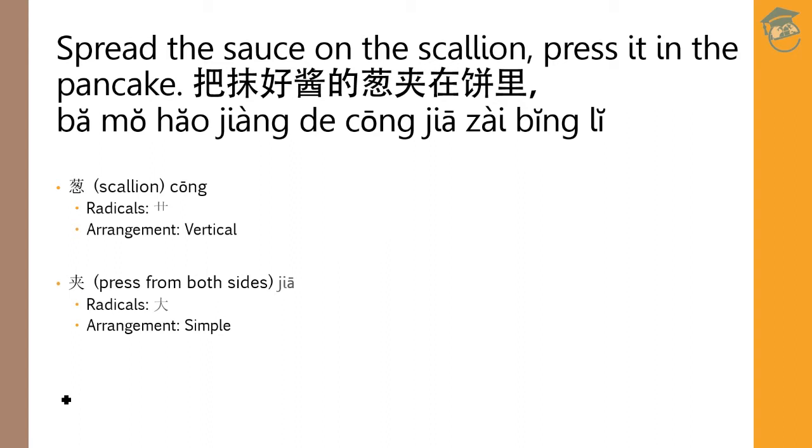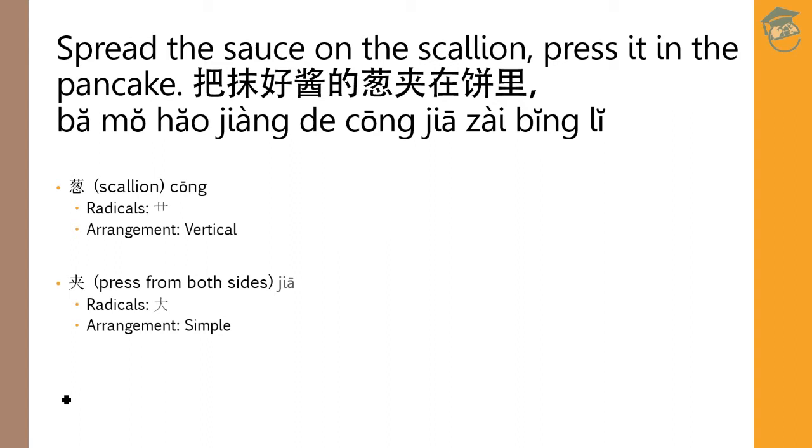Okay, and then the whole thing, 磨好酱的葱, means the scallion which has the sauce spread on it. So this is quite an interesting usage of Chinese as opposed to English, because we can always put things around and then we understand what it means.